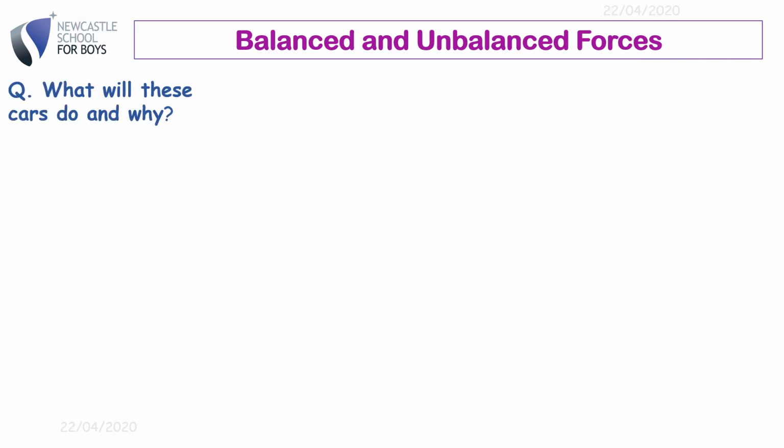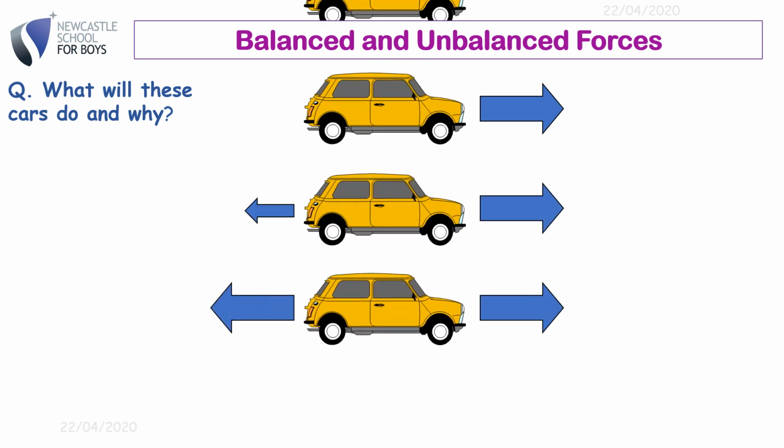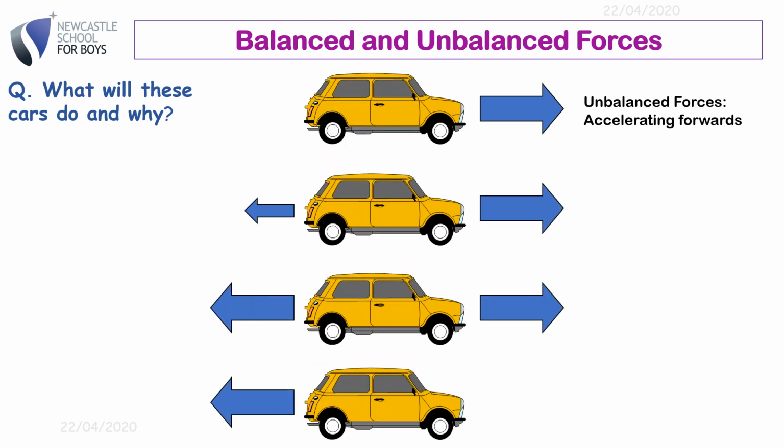To describe that, let's have a look at 4 scenarios of a car and describe the forces on this Mini. We're going to see what they would do. In the first instance, there is an unbalanced force to the right. It will accelerate. In the second one, you can see there is still an unbalanced force. The left force will probably be air resistance, trying to slow it down, but it's a smaller arrow, so you'll still be accelerating forwards.